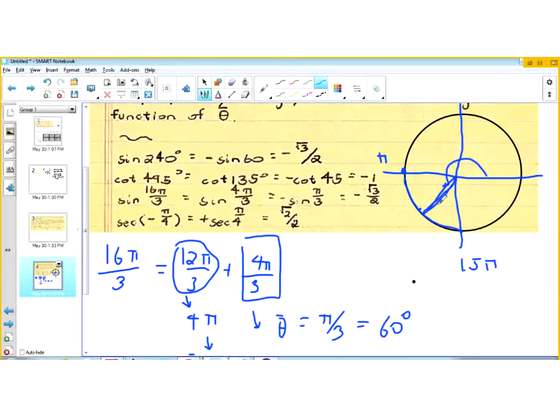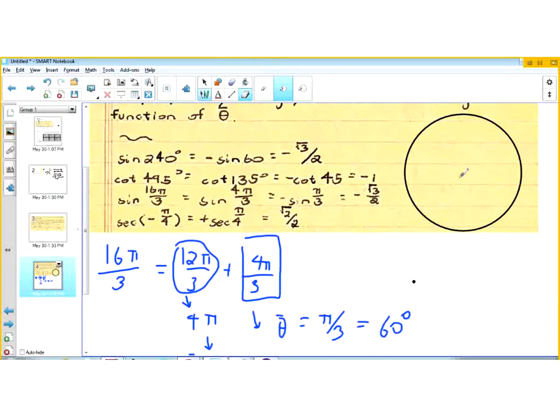All right. And then the secant of negative pi fourths. Okay, so that one's not too bad. What is the reference angle for negative pi fourths? We have to go clockwise, so that's 45 degrees clockwise. The reference angle for negative pi fourths, of course, is pi fourths.